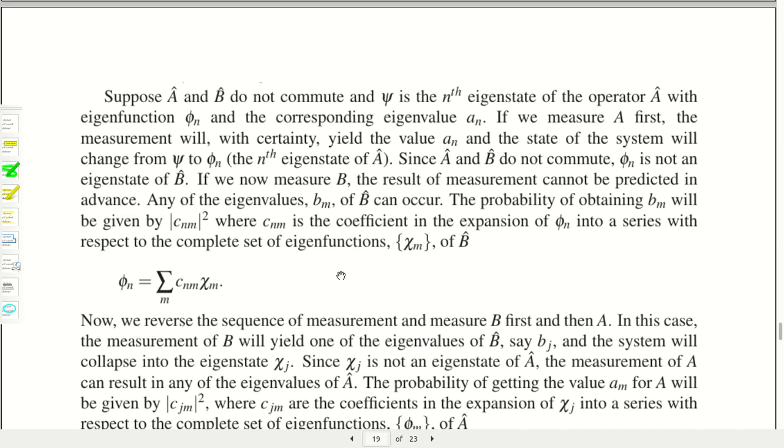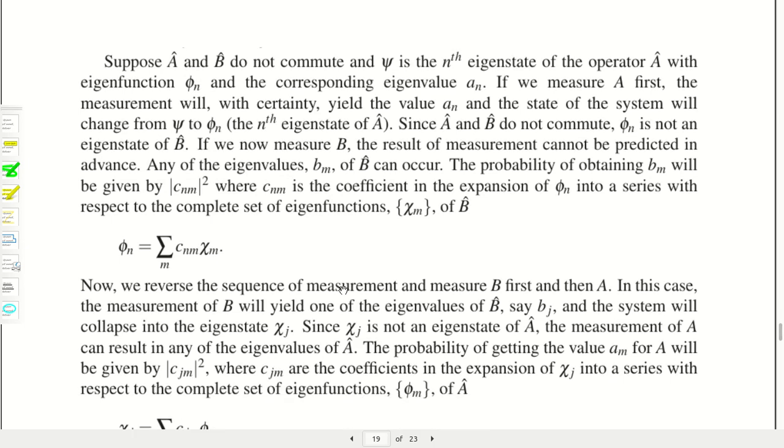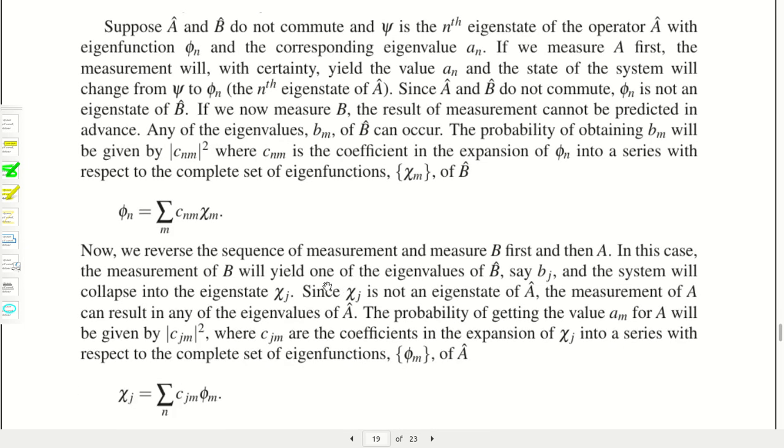Chi m is the eigenfunction of B, so phi n will be expanded in this basis set, and when you operate B on phi n, the eigenstate chi m will come out of the experiment with the eigenvalue b m.